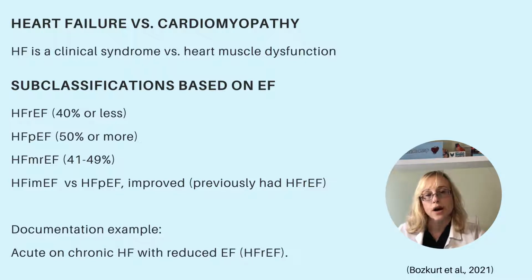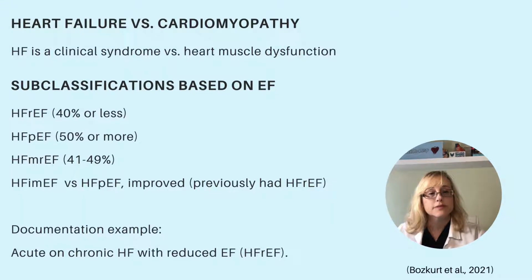Once you have the echocardiogram results, you can further classify the diagnosis. ICD-10 diagnosis codes are looking for the word systolic and diastolic, but it's preferable to use the nomenclature used in the guidelines.